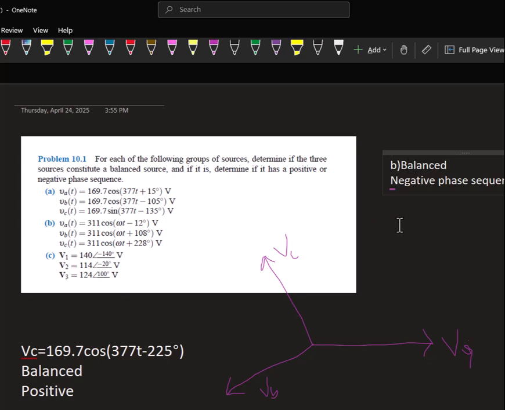But remember, it can be tricky, because let's say I had the following numbers.